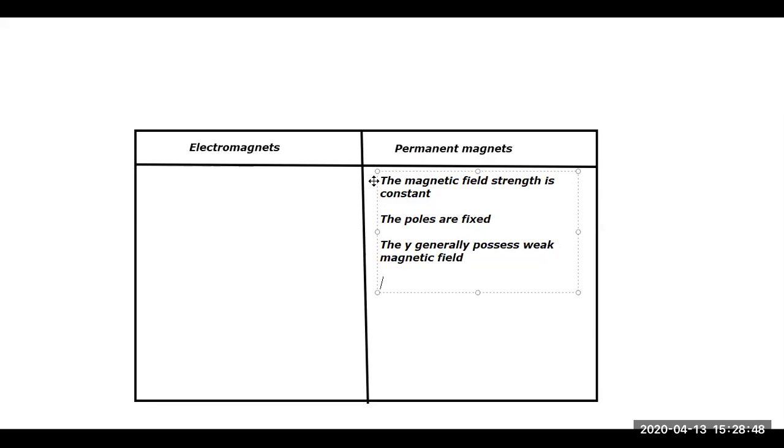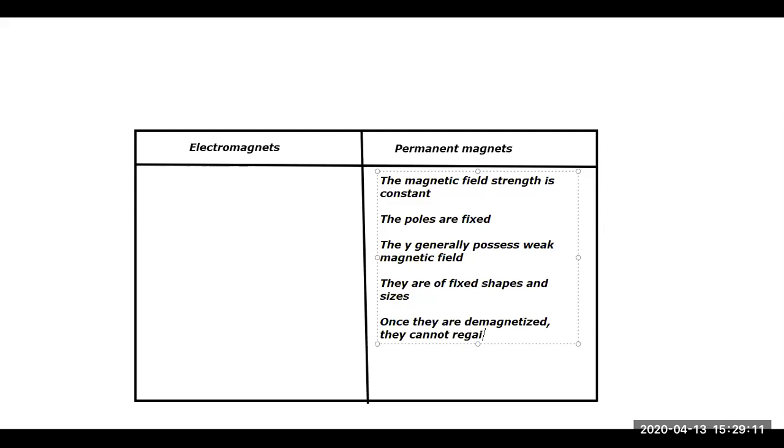They are of fixed shapes and sizes. Too big you cannot expect in permanent magnets, right? And most important, once they are demagnetized, they cannot regain their magnetic properties. That means you cannot magnetize and demagnetize them at your own will and wish.